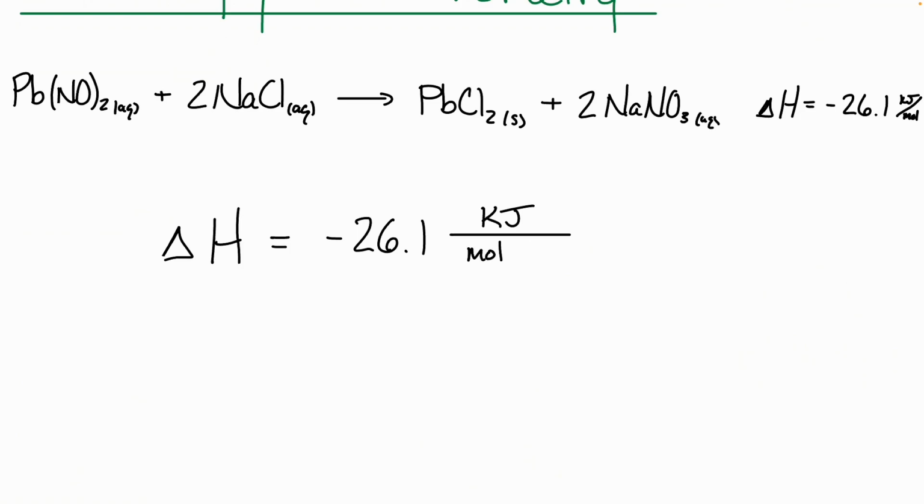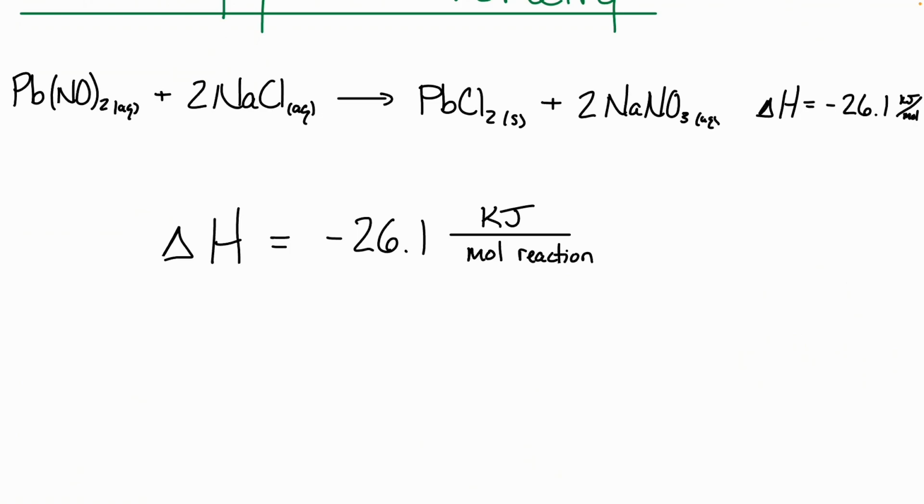All right, but importantly, what is that mole that we're talking about, right? We've been calculating our enthalpy for these reactions in kilojoules per mole, but mole what? This is where things are a little different here, because now we're talking about this reaction itself. So I'm not talking about just a mole of, for example, sodium chloride. I'm talking about a mole of reaction.